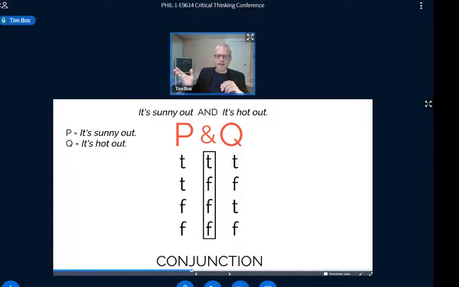It's because there are exactly 4 ways that P and Q can be true or false together. The first row says they're both true. The second row says P is true but Q is false. The third possibility is P is false but Q is true. The fourth possibility is they're both false.